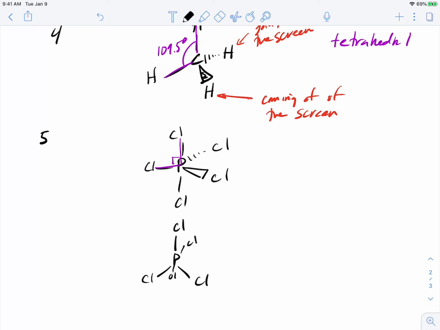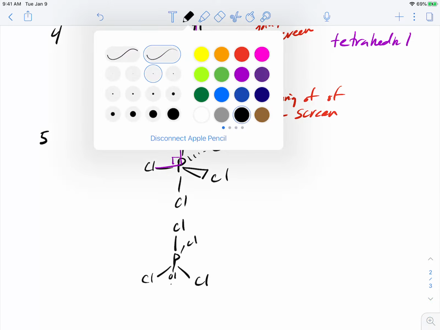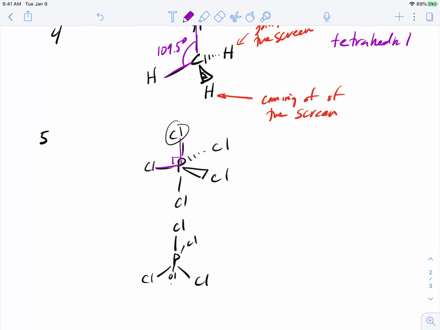Basically if we take this phosphorus, this chlorine right here, and we rotate it forward so it's in line with the phosphorus, and again, this is where that 3-dimensional modeling program really helps, you would see that this angle here is 120. So the angles between the Cls in the same plane are 120, and then between the Cls on top and in this plane are 90. So we have 2 sets of bond angles, 90 degrees and 120.